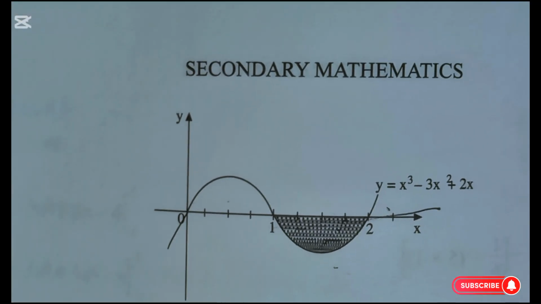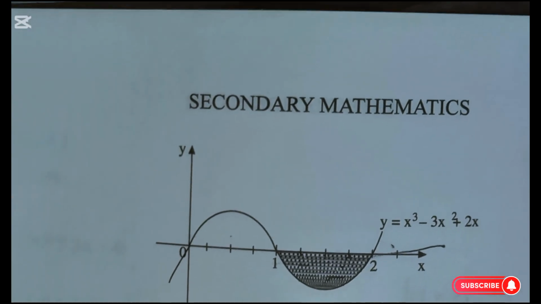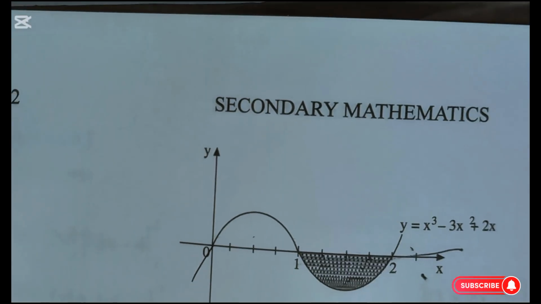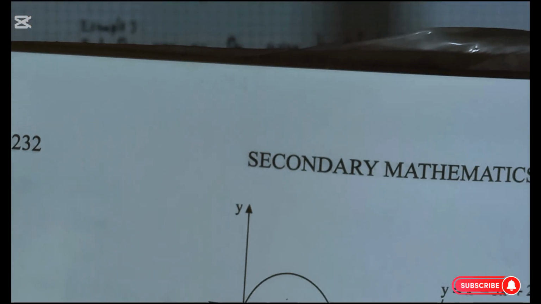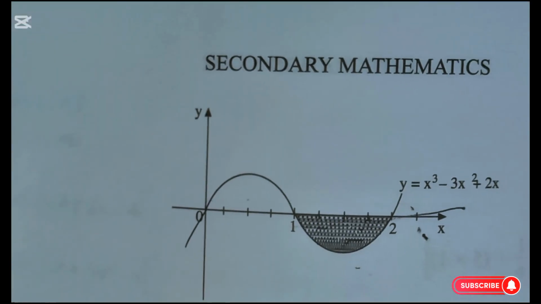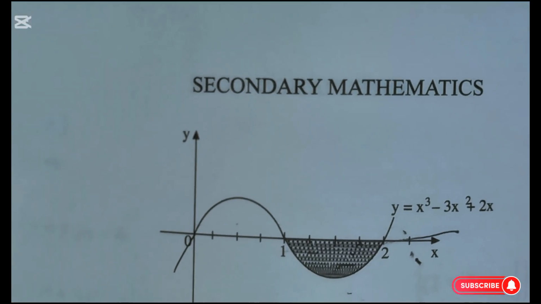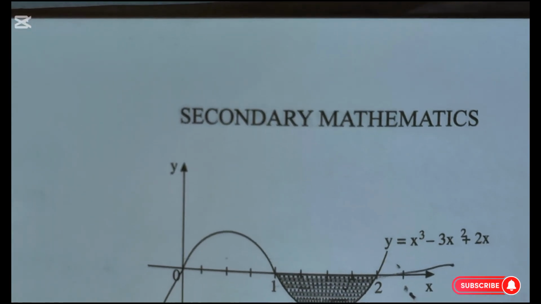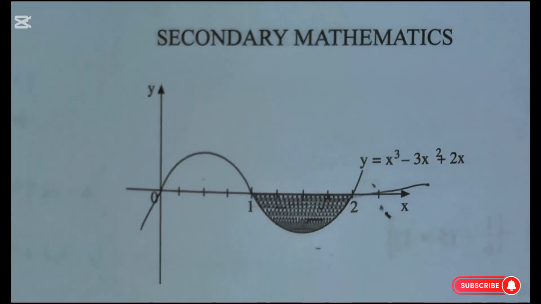Of course, we are going to solve this particular problem using definite integrals again. Our upper and lower limits are going to be 1 and 2. And I'm also going to help you see the importance of knowing the roots of the problem that you're dealing with before you go ahead and solve problems that involve area under a curve.